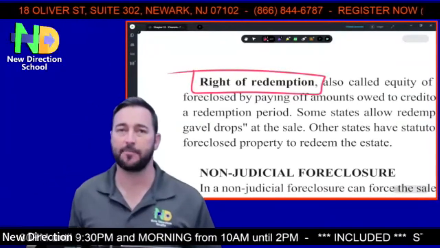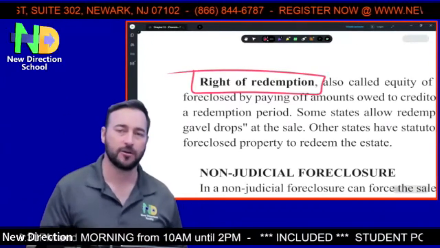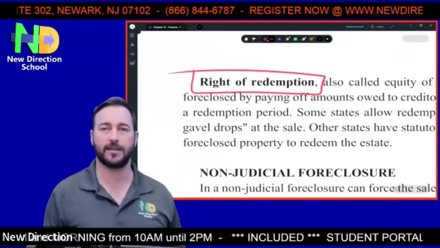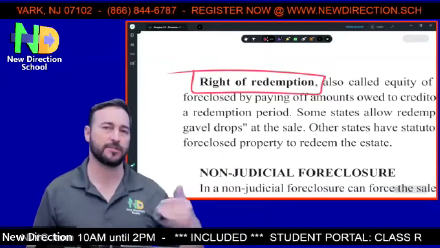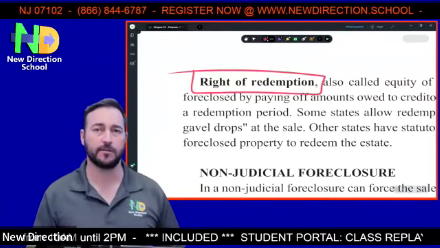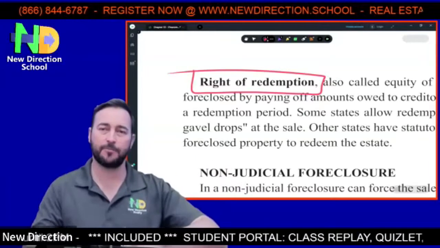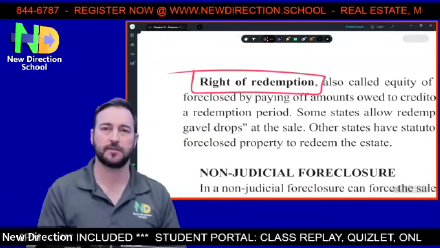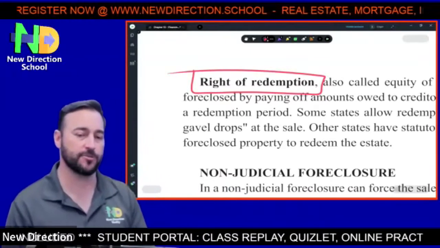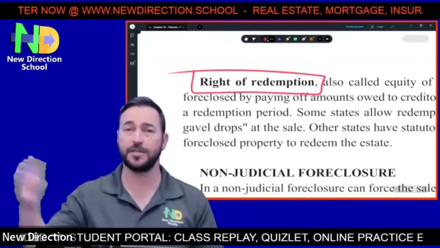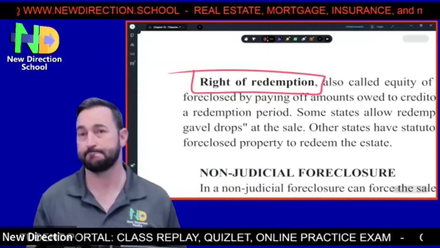In Jersey, as an example, you got 10 days to come to the sheriff's department with a check for the full balance of the loan, for any late fees that were attached during the trial, and attorney fees, court costs, and whatever. So you got to come up with a full balance and pay it off. But you got 10 days to do so. It's called right of redemption. In some states, you have up to 1 year, like Florida. You have up to 1 year to get your property back.